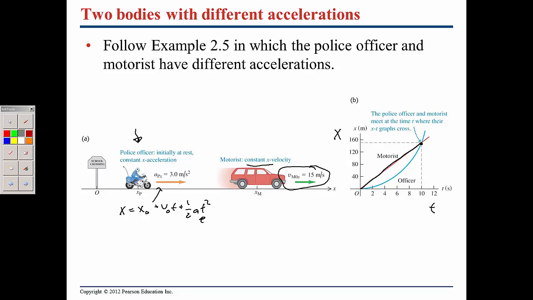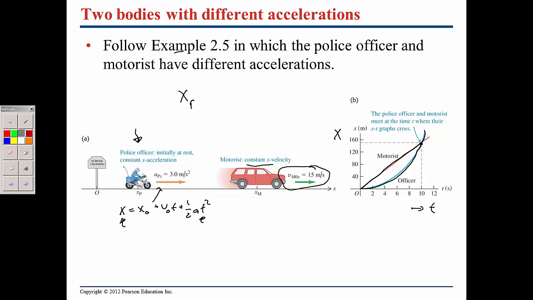And if you recognize that right there is a quadratic, and so our position is going to look kind of like a quadratic, and the officer is going to have a position that increases not linearly with time, but quadratically with time. And example 2.5 is going to say when does the police officer actually catch up with you?